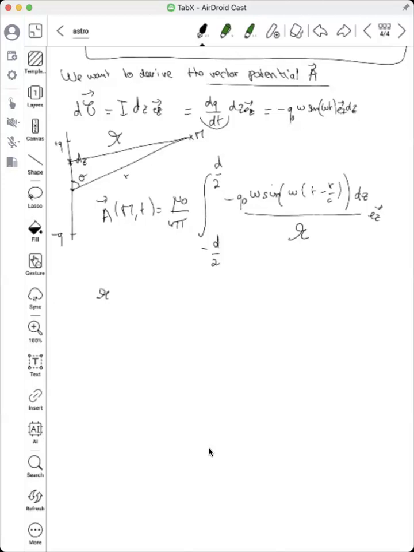Where round R is equal to R square minus dR cosinus theta plus d over 2 square. Sorry, this is Z. I don't know how to erase things on this, so I'm just going to do it the old way.